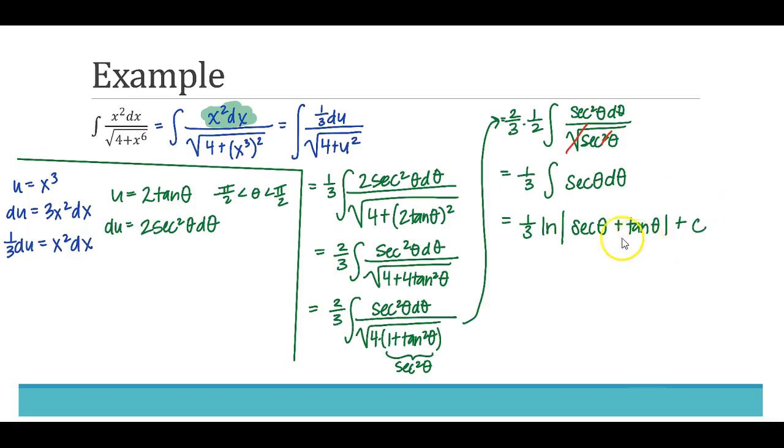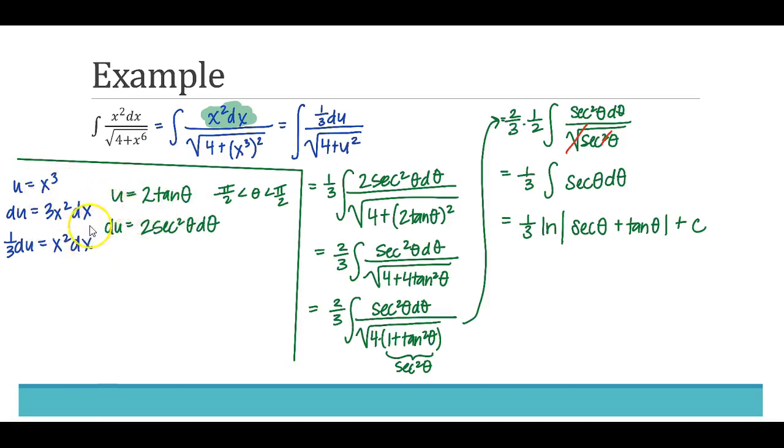And now all that's left to do is turn us back into x. So we're currently a function of theta, and we need to be a function of x. Well, we're going to have to take 2 leaps to get there because I had u equals 2 tangent theta, and then I'll have to get back to x because we did a u substitution.